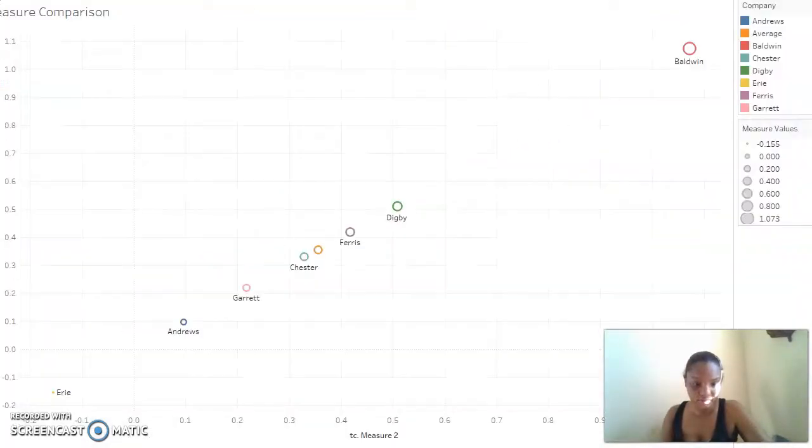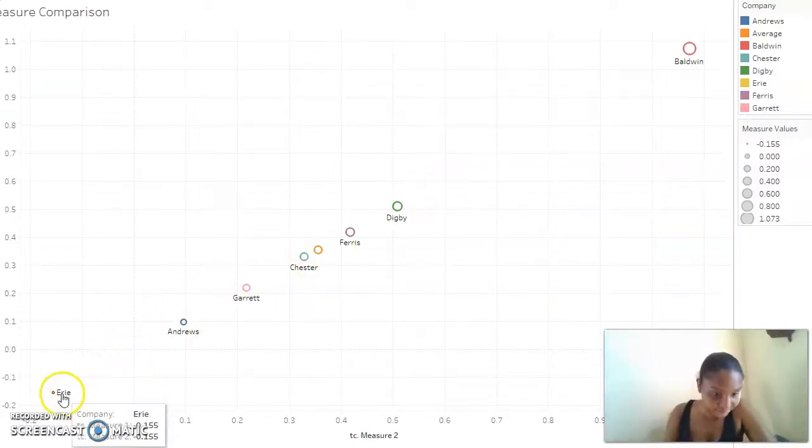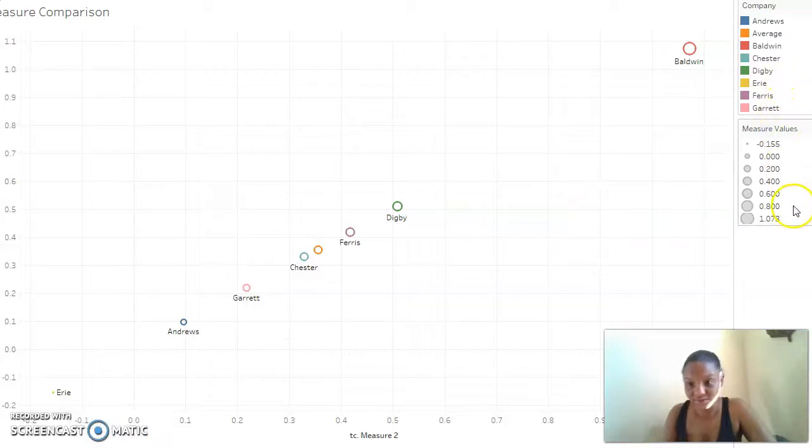And then measurement comparison. So as you can see, this is the scatter plot. Erie is well below the averages, and these are the measure values. So if you notice how the sizes of the circle go, Baldwin has a big circle. And then Erie, you can barely see.